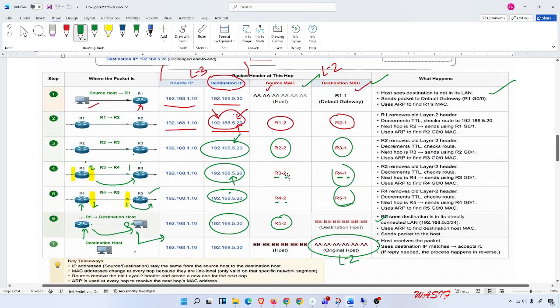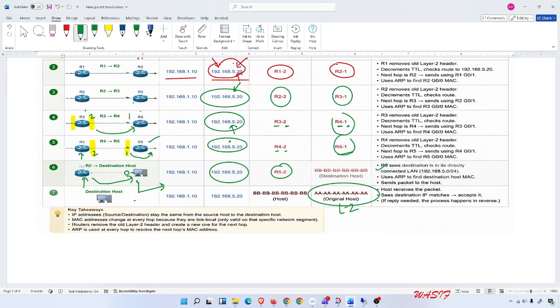Okay, I think there is a mistake here. This will be the source. Okay, sorry. Okay, let's focus on this one, otherwise you will get confused.